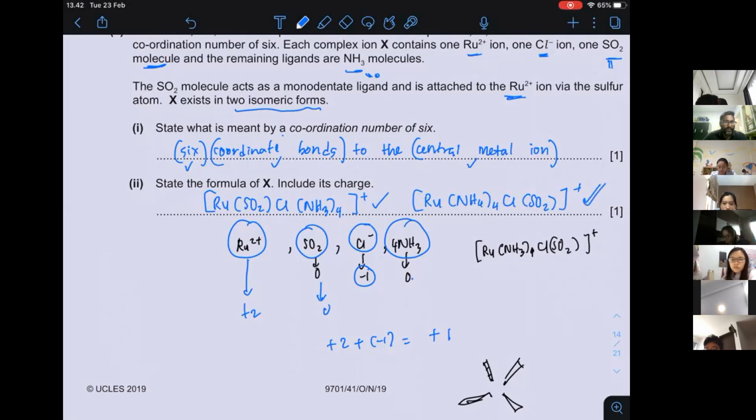Why do I say this one is correct? Because we follow alphabetical order. This is ammonia, this is chlorine, and this is sulfur dioxide, related to sulfur. So A comes first before C, then after that S. So they follow alphabetical order. If you are wondering why it's slightly different, this is based on alphabetical order.